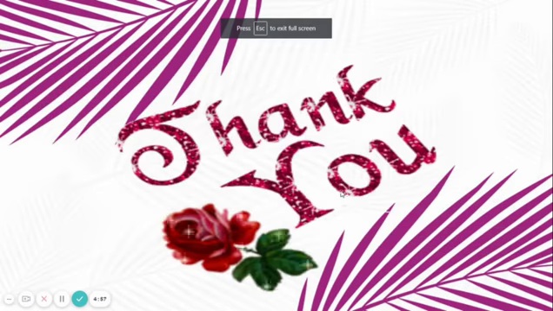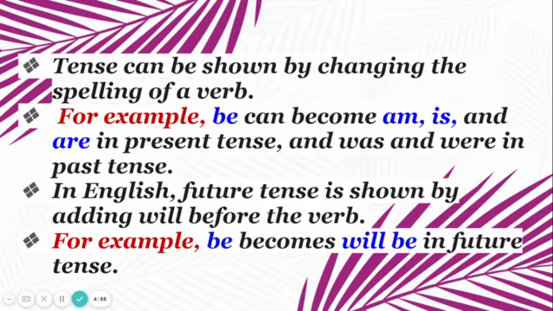Now you can see about tense in general, as a recap session. Tense can be shown by changing the spelling of a verb. For example, be can become am, is, and are in the present tense.